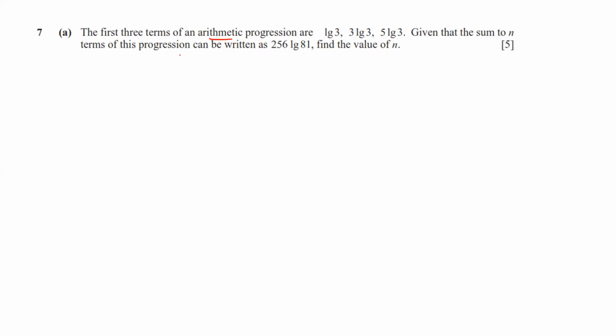So for any progression, remember sum to n terms is given as n by 2, brackets 2a plus n minus 1 into d. So in this, your a, the first term value, is log of 3.